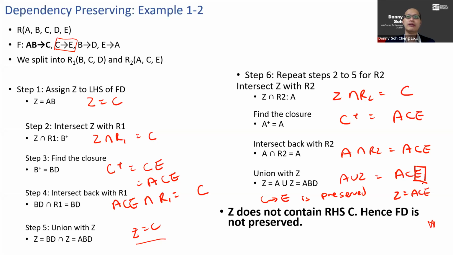Okay. If everybody is very clear on this, then why not you try this one? Dependency preserving weightage is quite high, I think, because for the second half only this is left.